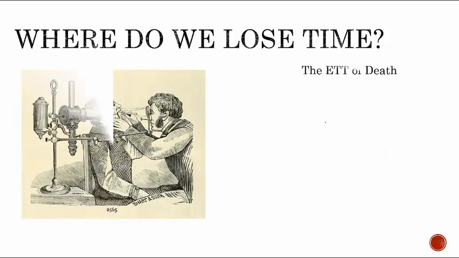A little bit more about the ET tube of death. Here's a study by McMillan, also in Resuscitation 2014. They were looking at advanced airways in out-of-hospital cardiac arrests, using the CARES registry of patients.